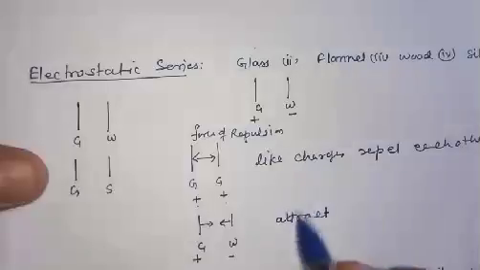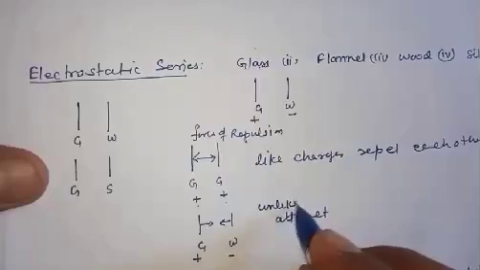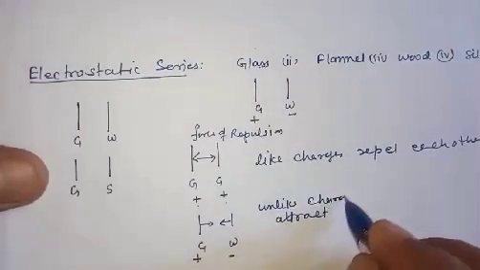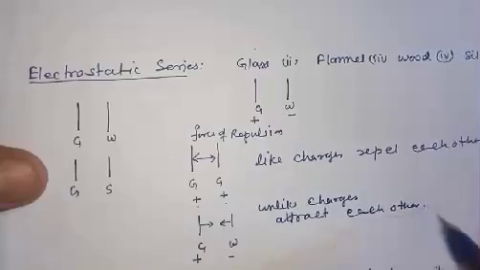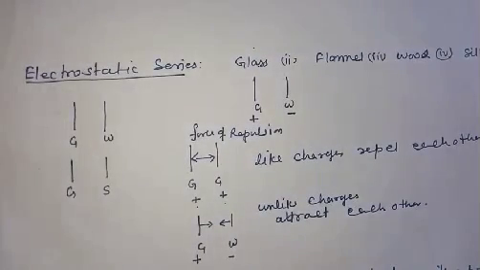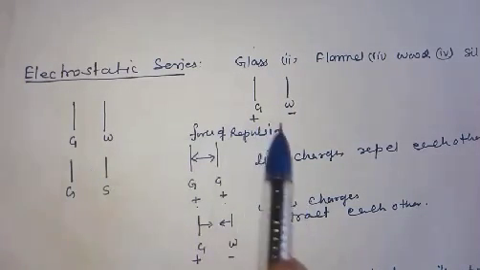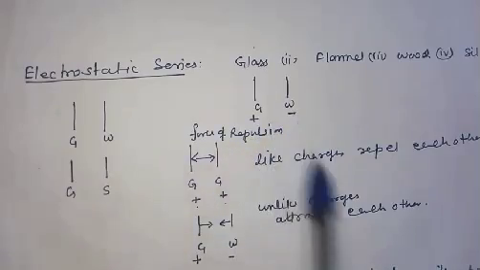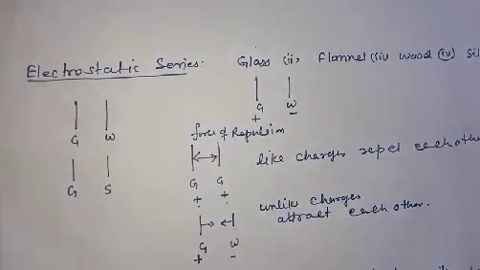It means unlike charges attract each other, right? So we learn from here that there are two types of charges, positive and negative. Like charges repel each other and unlike charges attract each other.